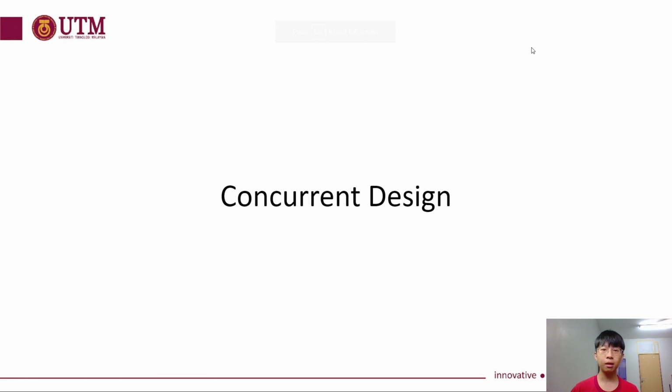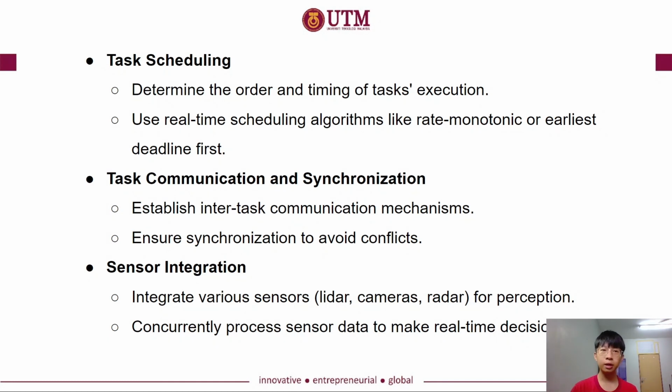I'm Darrenjin. Now I will present the concurrent design in our project. The design includes task scheduling, task communication and synchronization, and sensor integration. Task scheduling determines the order and timing of task execution, and uses real-time scheduling algorithms like rate monotonic or earliest deadline first.